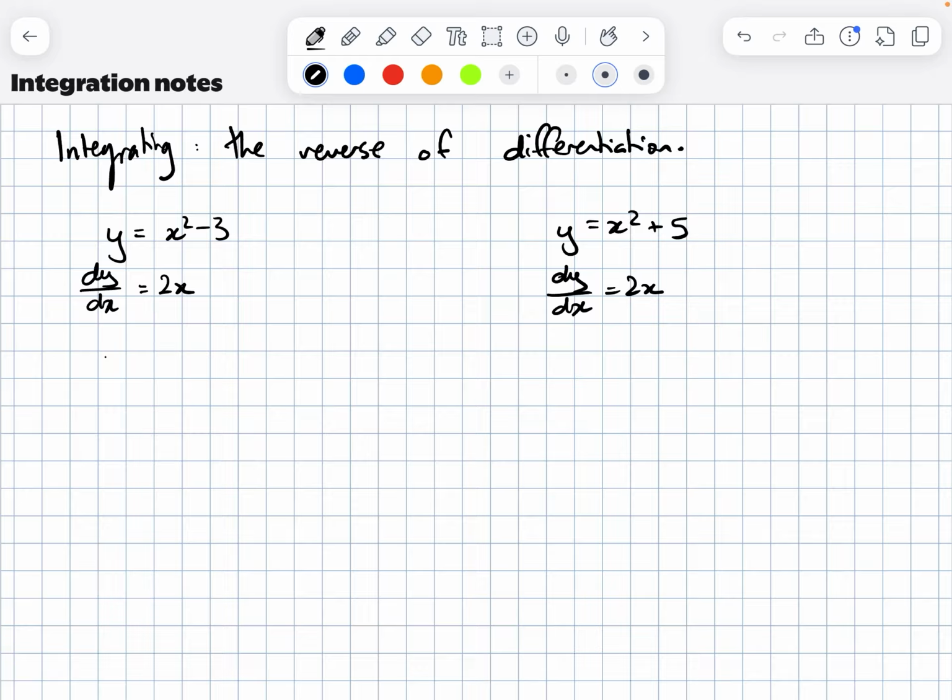Now, if we wanted to go back to the original function, we now need to apply integration techniques or anti-differentiation techniques to our dy dx equation. So now let's pretend we only knew that dy dx equals 2x.